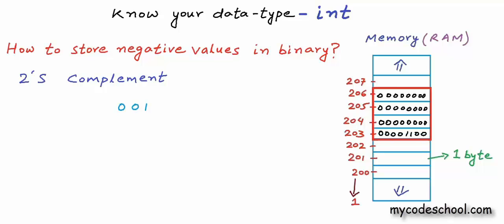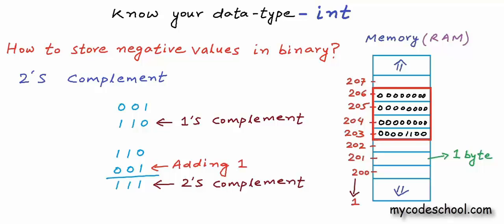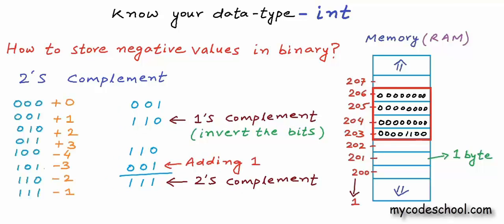When we simply invert all the bits in a binary number, then it's called 1's complement of that number. And adding 1 to the 1's complement gives us 2's complement. In 2's complement system, the negative of a binary number is stored as its 2's complement. This is how things will look like in 3 bits if we are using 2's complement system.